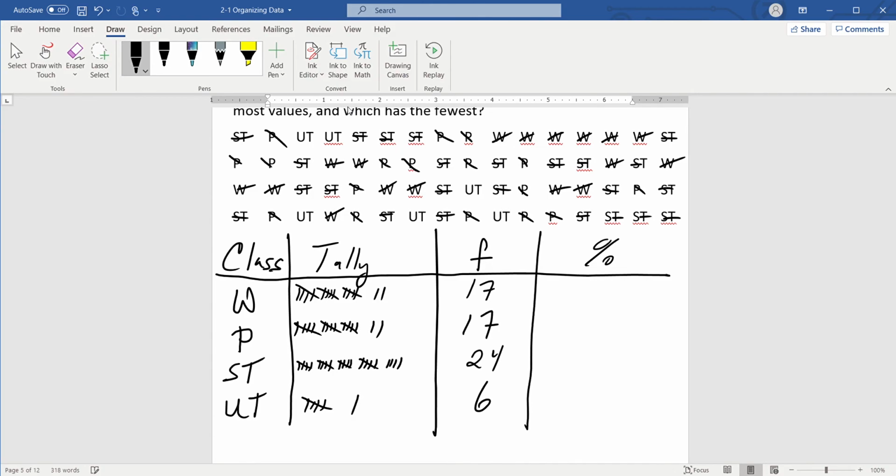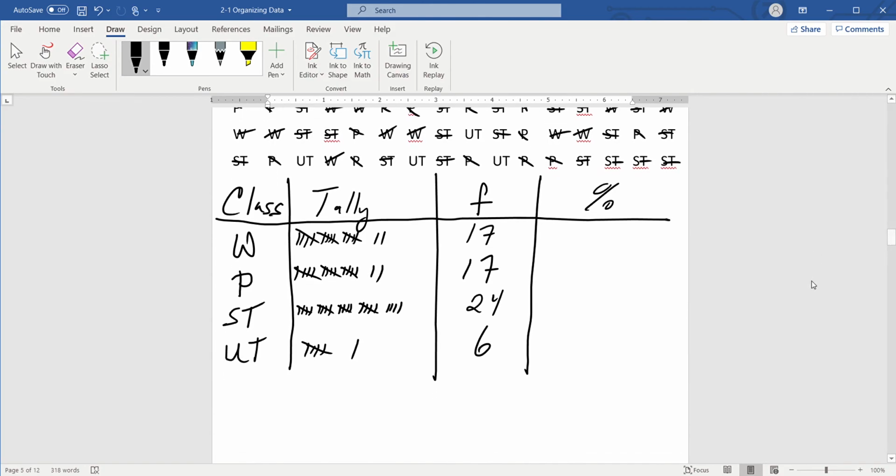Now to find the percentage, what you're going to need to do is add up all of these values. So punch in all those added, and you should get 64. Now to find the first percentage, what you would do, so the percentage of water would be 17 divided by 64, and change that into a percent, which should give you about 27%.